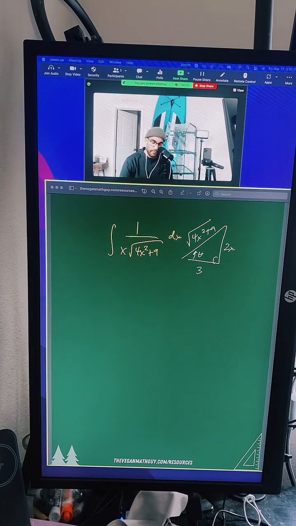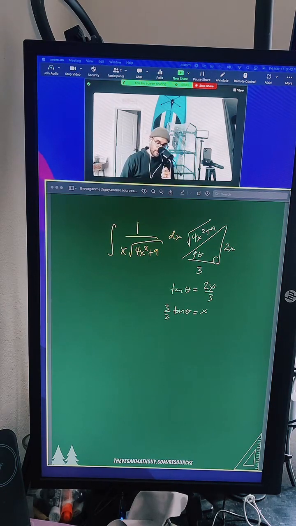Now tan theta is opposite over adjacent, so 2x over 3. Let's multiply 3 to the other side and divide by 2 at the same time, so that 3/2 tan theta is equal to x.